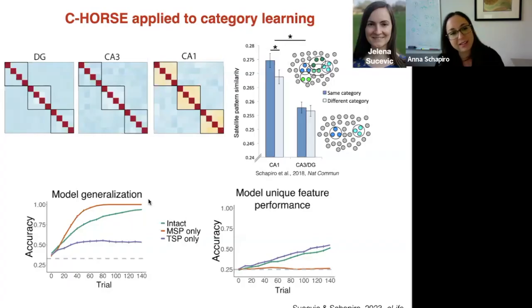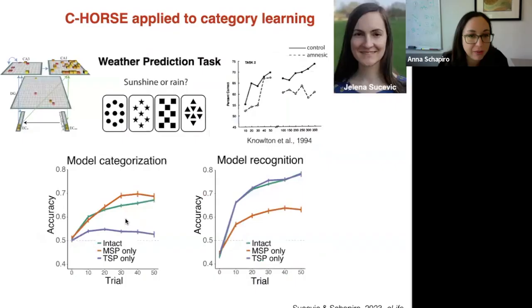This average of the two pathways actually serves surprisingly well in a lot of contexts, but there are situations like this one where there's really a trade-off between the details and the abstraction. And so we've gotten very interested in whether there might be a way of controlling which of these two pathways is influencing behavior.